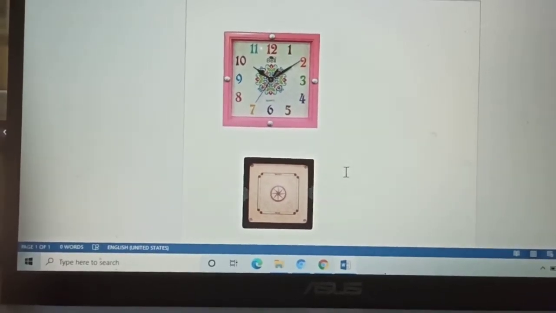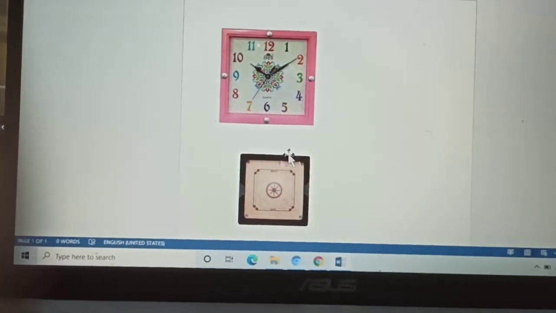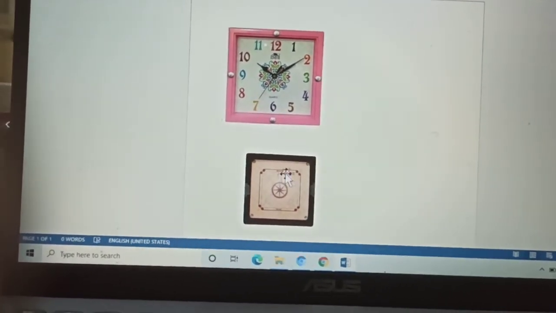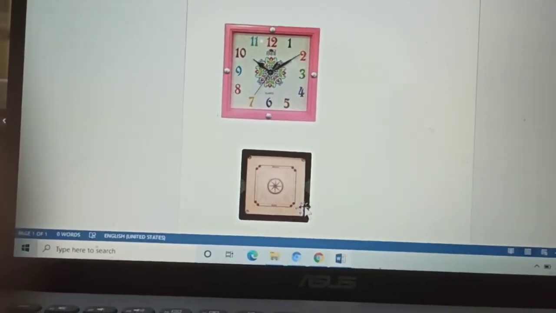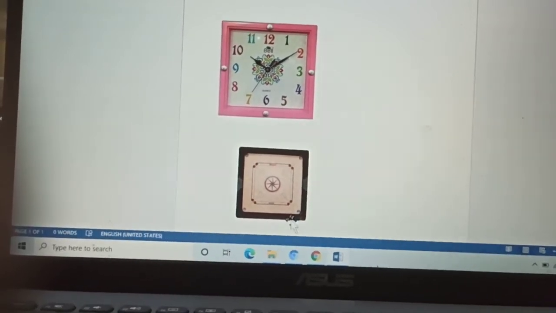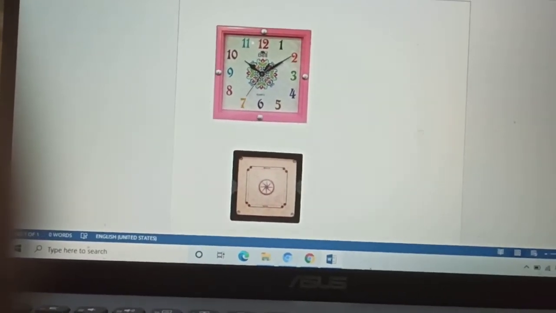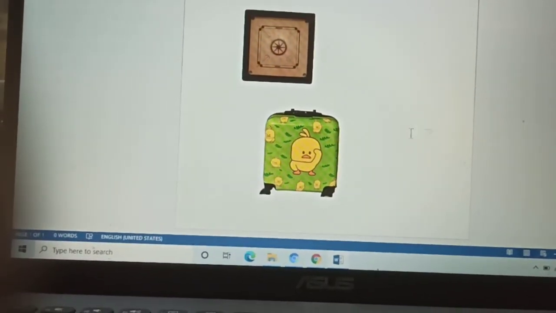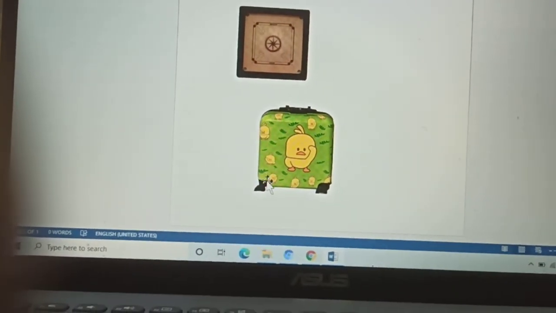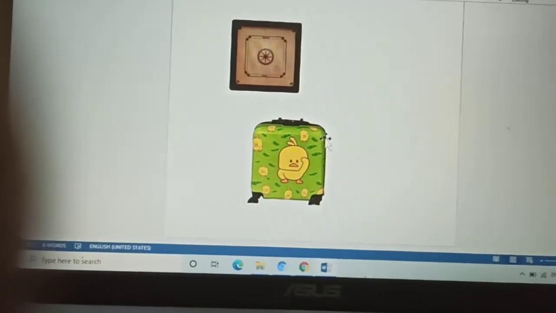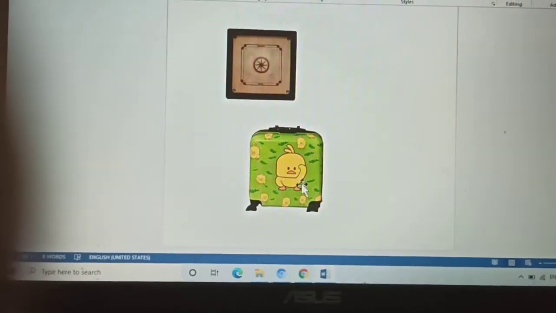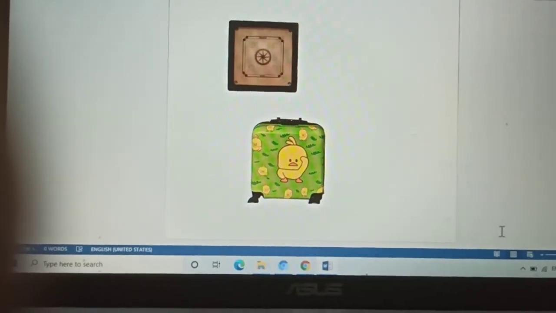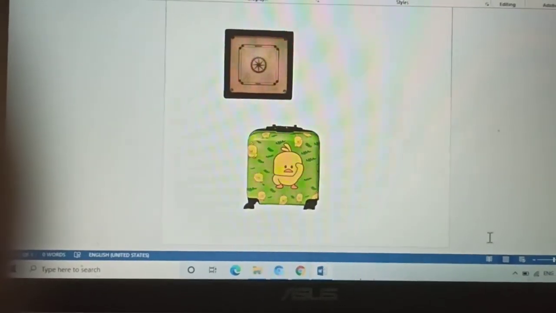Your parents played with your elders, right? Now also they are playing. Okay. This is an example for square. All the four sides are equal. Look at here. Wow, a cute suitcase. All the four sides are equal. So these are examples for square.